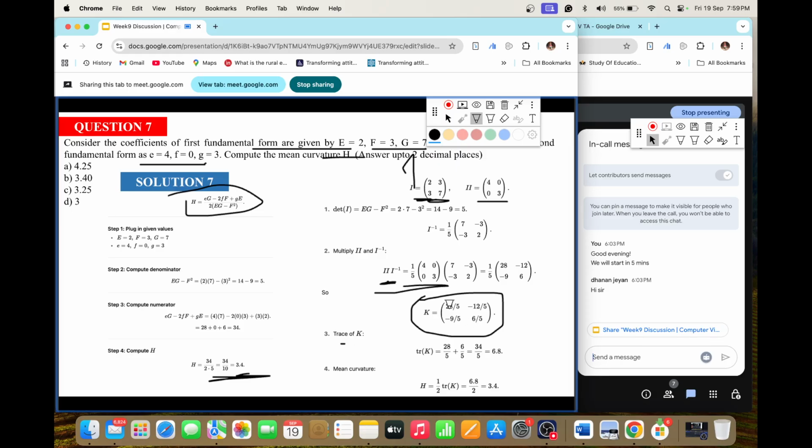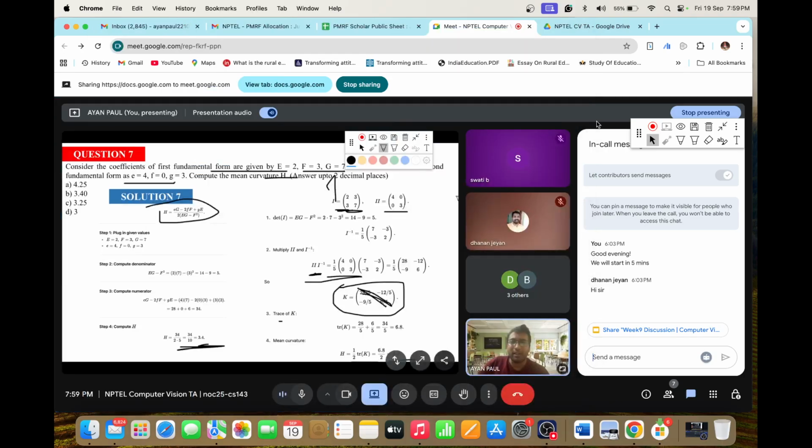Trace is nothing but the sum of the diagonal, so take the sum of the diagonal and then half of it, and that will give you the mean curvature. And how can you get the Gaussian curvature? It is very easy: the determinant of it will give you the Gaussian curvature. So this way you can do it.